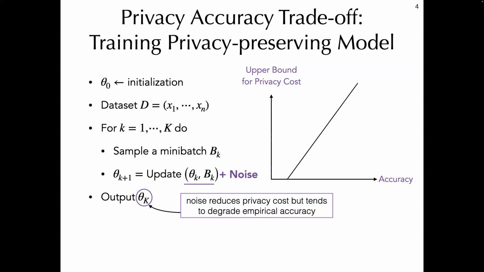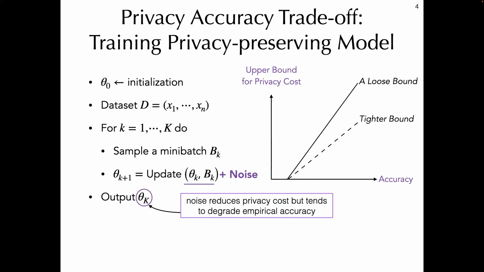The privacy cost upper bound crucially affects the privacy-accuracy trade-off of a fixed training algorithm. If we can obtain a tighter privacy upper bound, we can expect a much better privacy-accuracy trade-off, that is, a more accurate model at a fixed privacy cost.